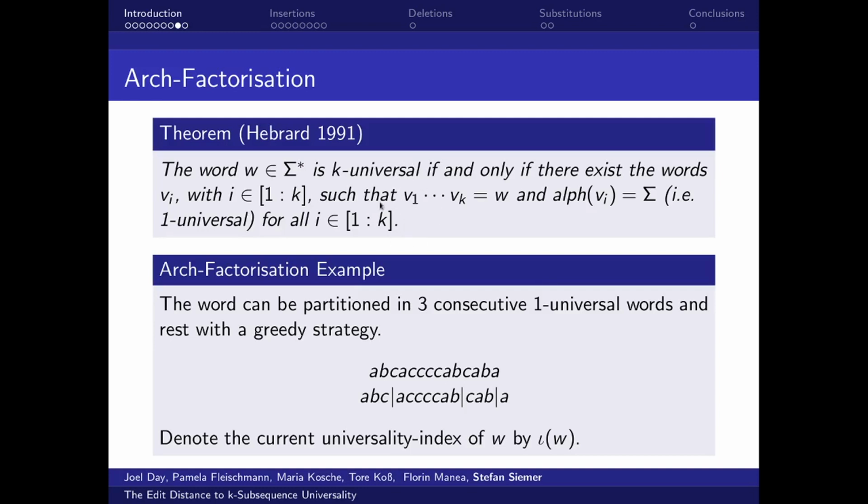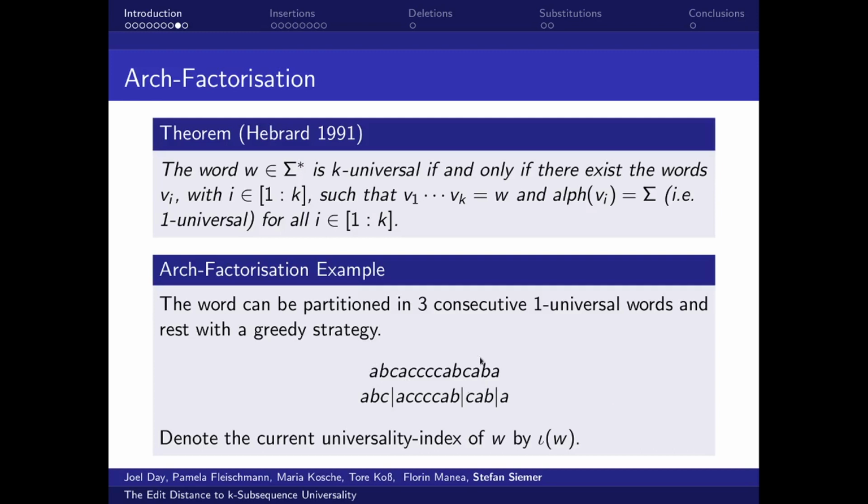We will also use this property later for some results. This theorem also gives us a greedy strategy for partitioning a word into so-called arches. For that, we simply go through our word from left to right, and whenever we have found the whole alphabet, we can make a cut.